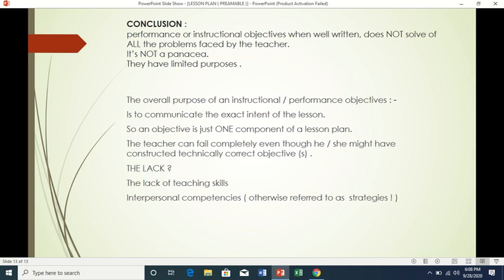The condition is the circumstances under which you want the child to perform. Is it with or without a textbook? English. Computer science: is it with reference to a computer program? That is the condition. Mathematics: is it with or without the use of a compass or a mathematical table? That is a reference point of the condition.